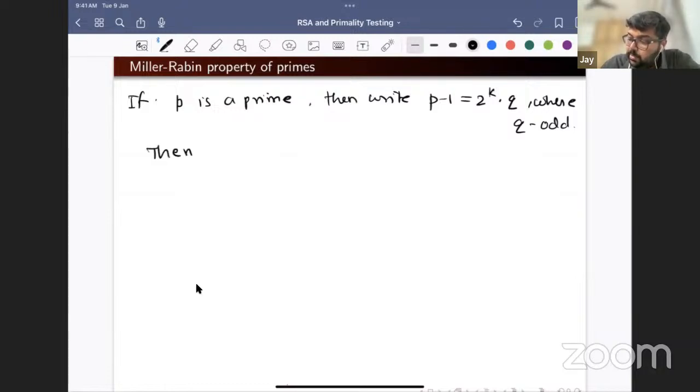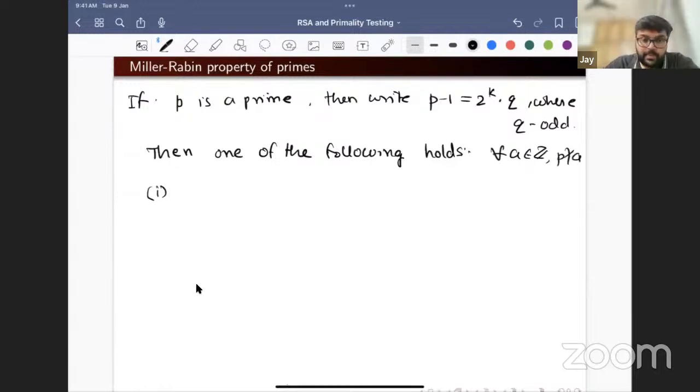Then what does the Miller-Rabin property say? One of the following holds. Either for every integer a such that p does not divide a, a power q is congruent to 1 mod p. So if p is a prime and we write it like this, then a power q is congruent to 1 mod p.